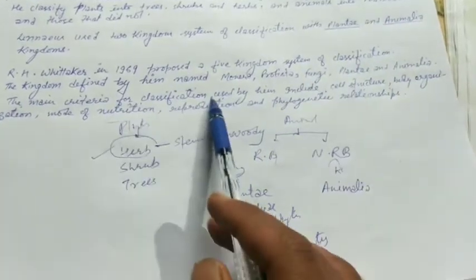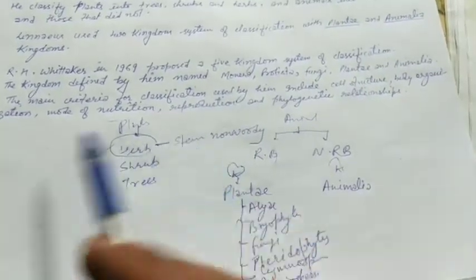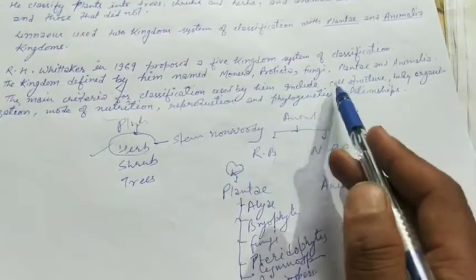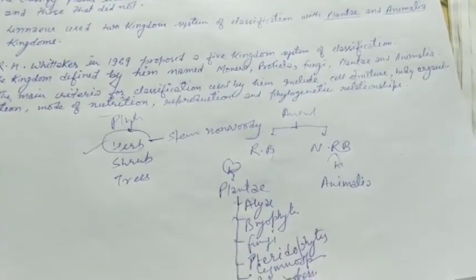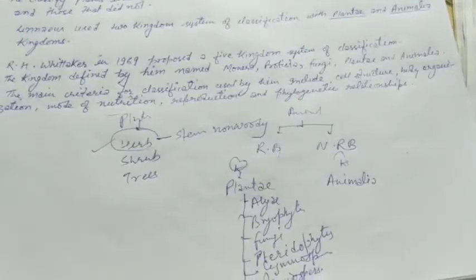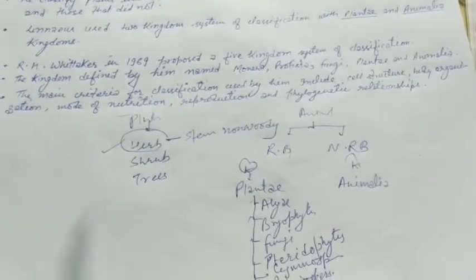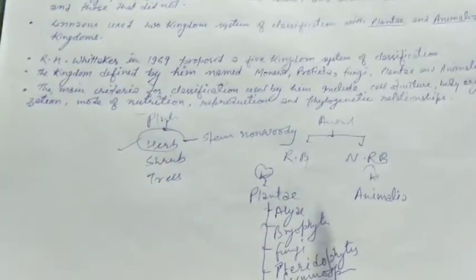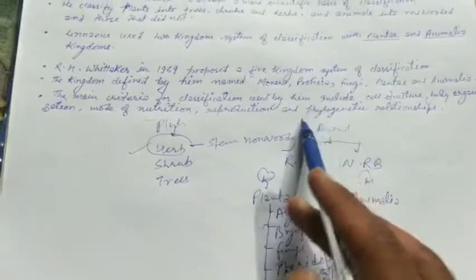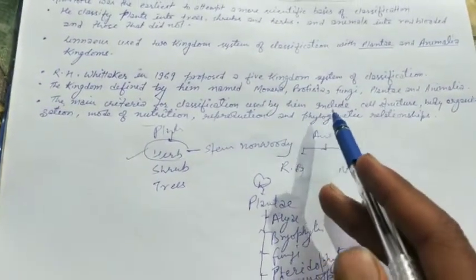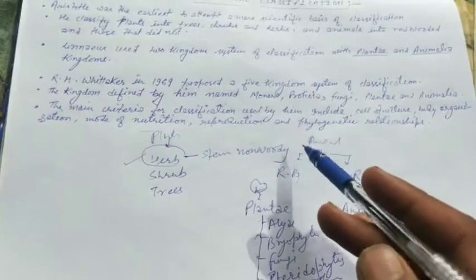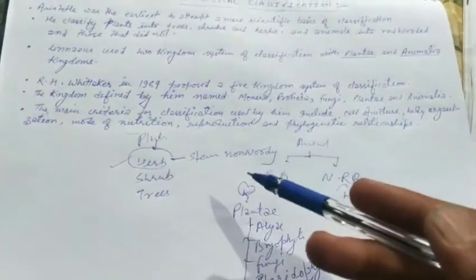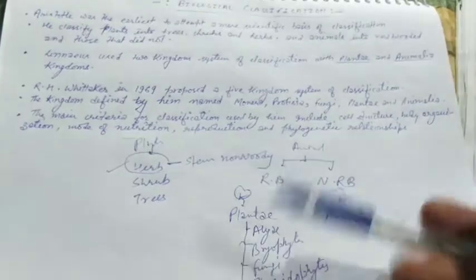The main criteria for classification used by R.H. Whittaker include the structure of the cell, the body organization of the cell, the mode of nutrition, reproduction, and phylogenetic relationship. Phylogeny means origin. So how an organism can originate from another organism is the phylogenetic relationship.